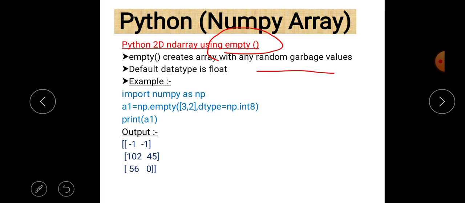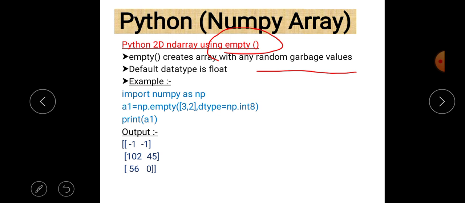Whenever you create an array using the empty function, it will give you random values, so our answer is always different, or most of the time it is different from one another. Whether you create an array on the same computer or on another computer, it doesn't matter. It will create an array with random garbage values.